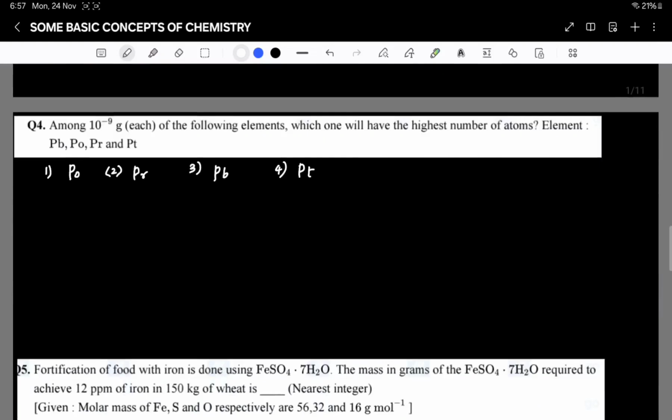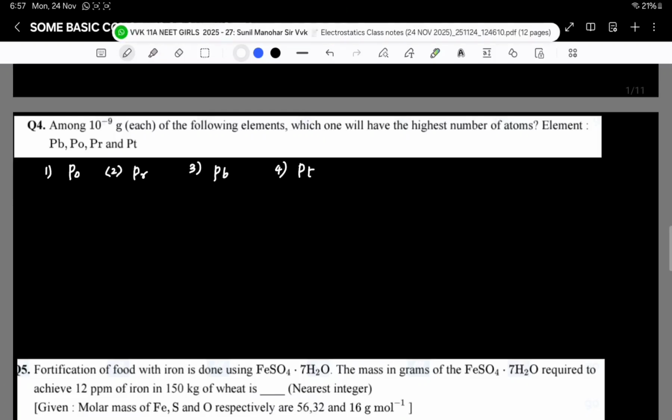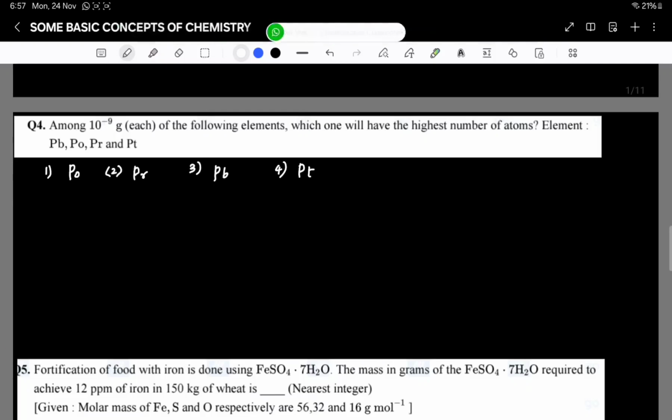Among 10 power minus 9 gram of each of the following elements, which one will have the highest number of atoms, it is asking, right? Okay, this is also a simple conceptual question, student.